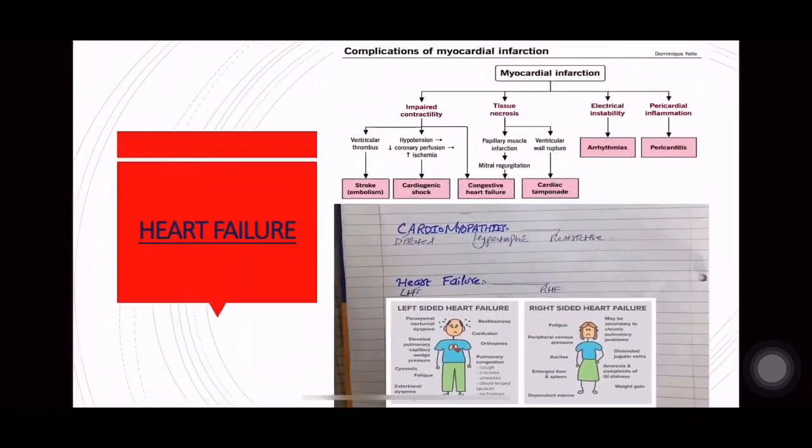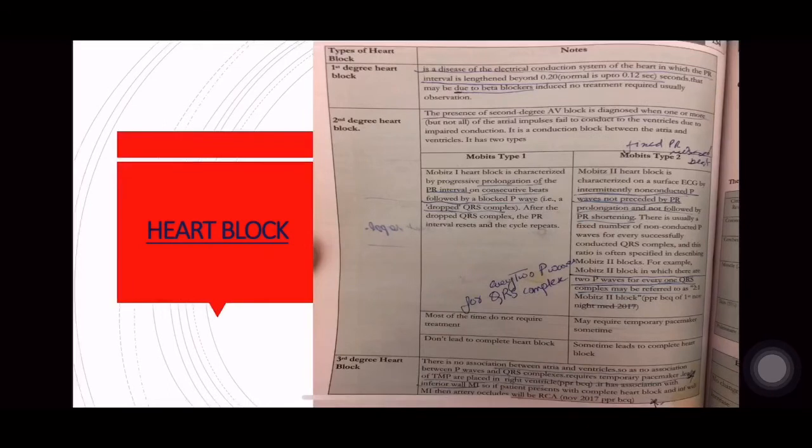Next, we have types of heart block: first degree, second degree, and third degree heart block. This table is from Escaples. In second degree heart block, we have Mobitz type 1 and type 2. I added this table because there were a few MCQs from this table in Rabia Ali.